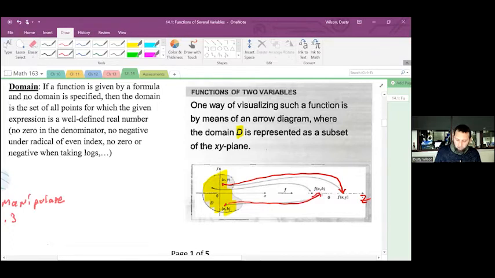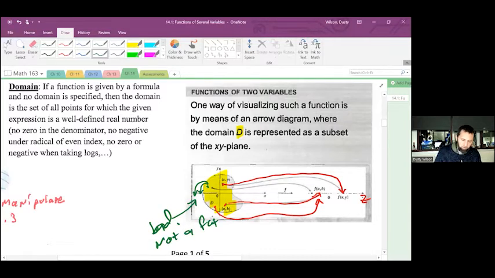Notice that it's okay if there's more than one point x, y that goes to the same output z. What's bad, what's illegal, is having one point mapped to two different values. This would be bad. This would mean not a function.